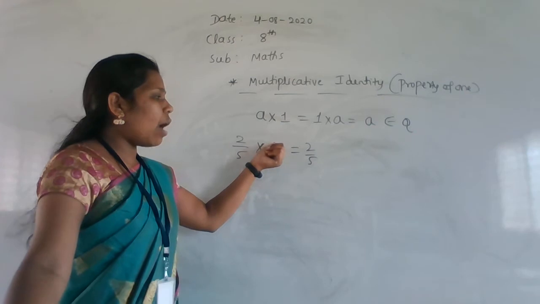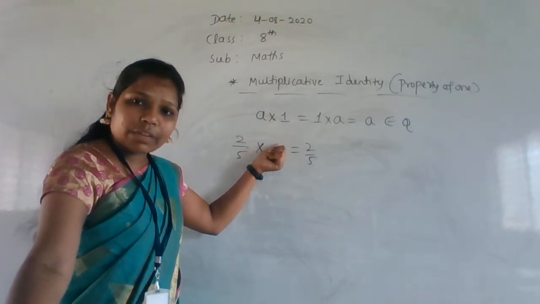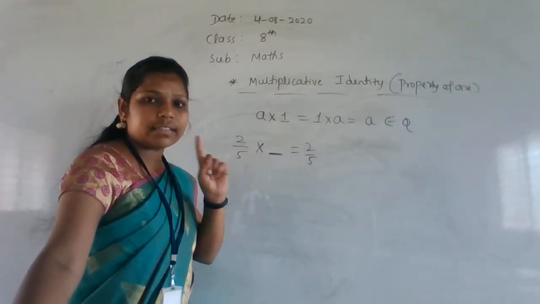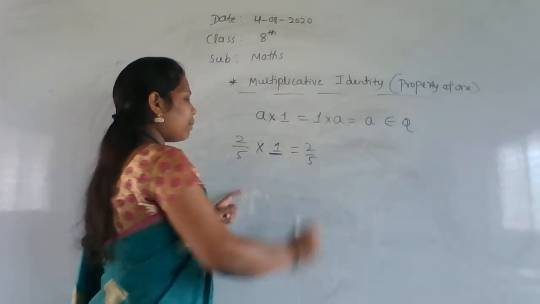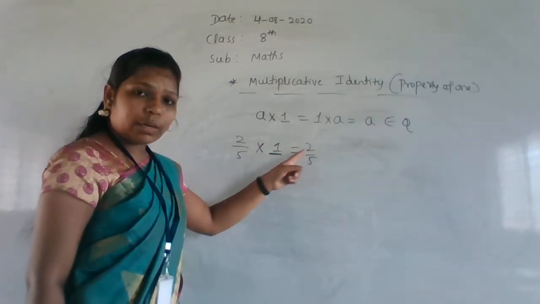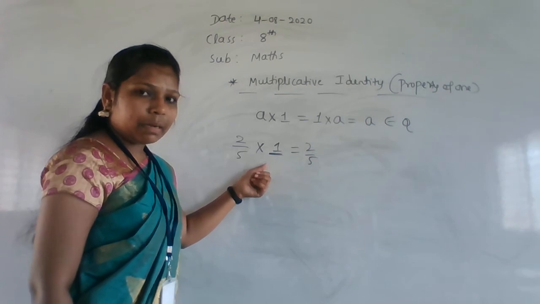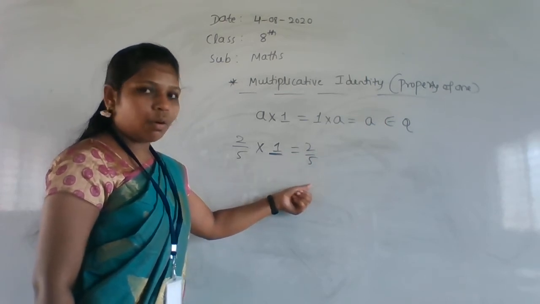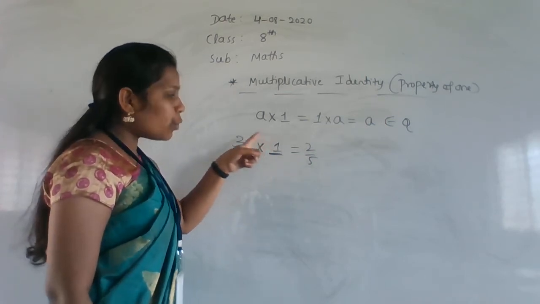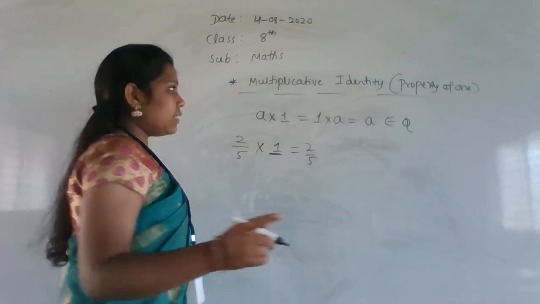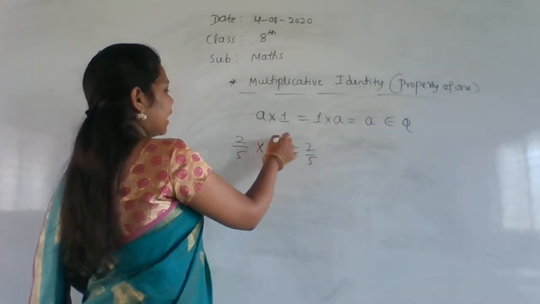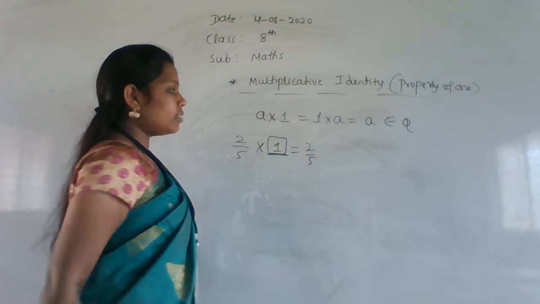What value do we have to multiply here? Obviously it is 1, right? If you multiply by 1, then only we will get 2 by 5. If you multiply by 2, will you get 2 by 5? No. So we have to multiply with 1. That's why the multiplicative identity is always 1.